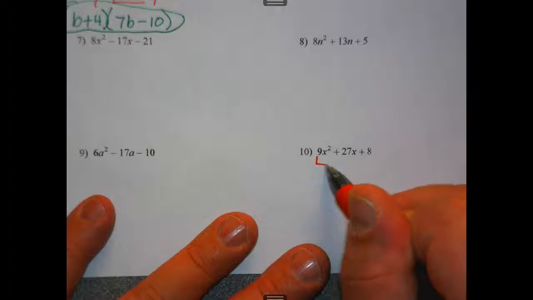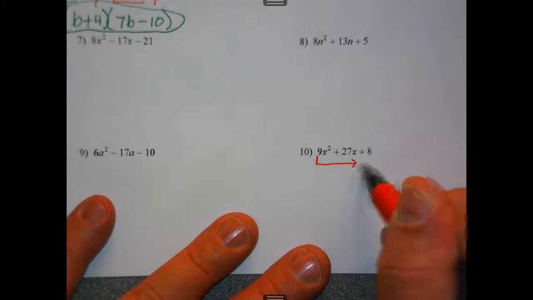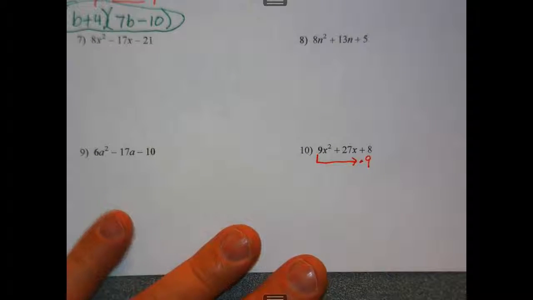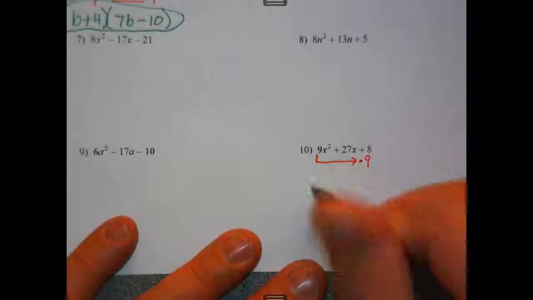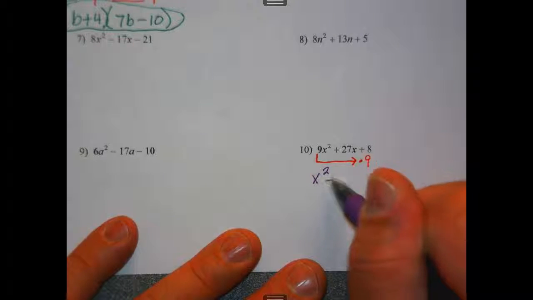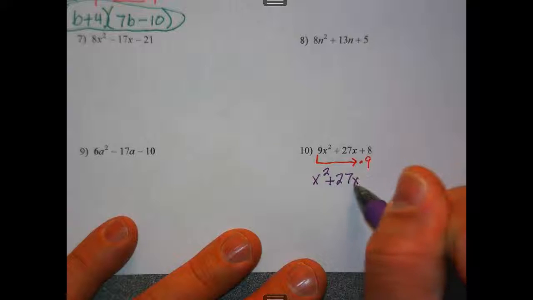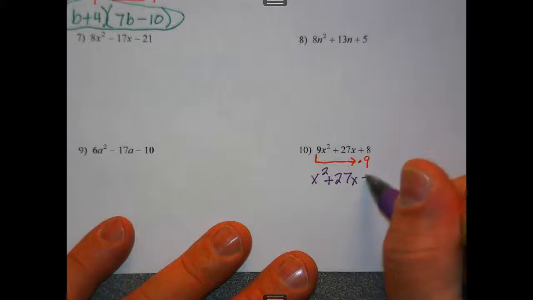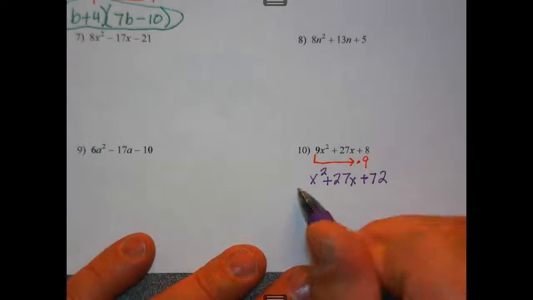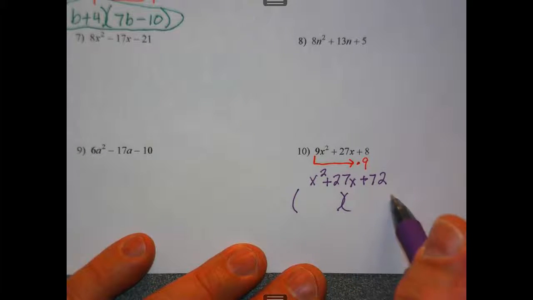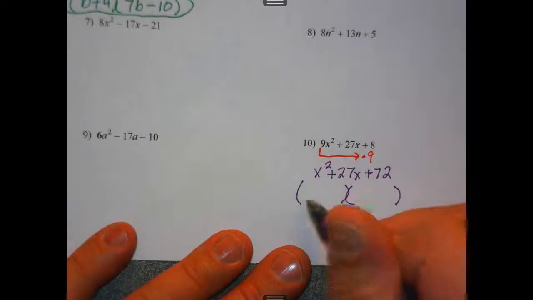We take the 9, multiply it to C, and we get x squared plus 27x plus 72. That makes it easier to simplify, factor.